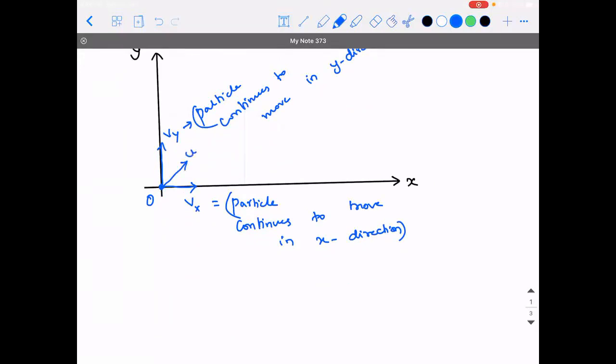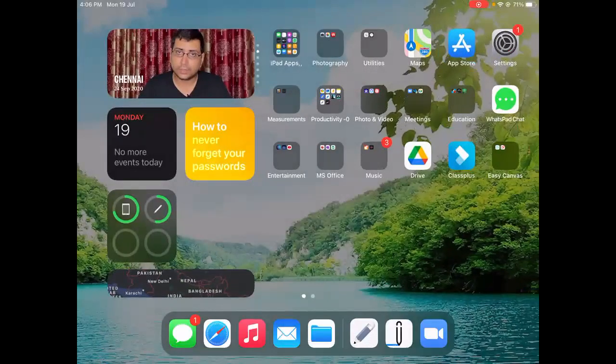Now, I have a question. What if the particle is given a velocity u, which makes an angle theta with respect to x-axis? Then in which direction is the particle going to move? Are you there or not? Am I audible? Both x and y.